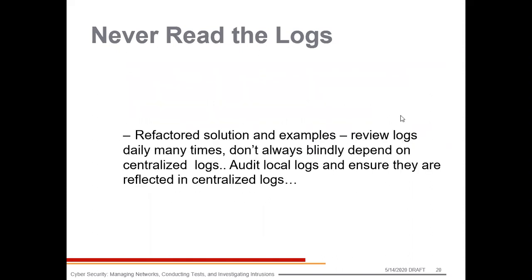So what is the refactored solution? Review logs daily, many times. So instead of not reading the log, simply looking at the colorful display and having the fake confidence that the network is secured, go through the logs. Sometimes the centralized log is perfect, but if you go to the local logs, they are not perfect.